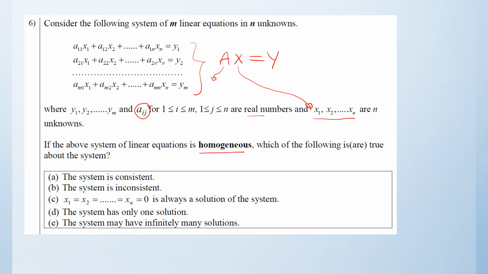So y equals y1, y2 up to yn, a column vector. If it is homogeneous, definitely we know that the vector y will be equal to a 0 vector. So this will be reduced to the form Ax equals 0.